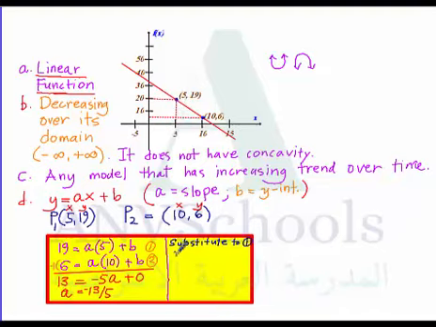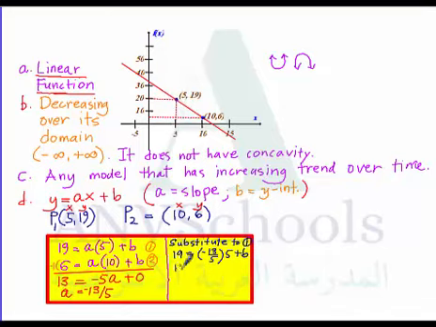So we will have 19 is equal to A times, okay, my A is equal to negative 13 over 5. So negative 13 over 5 times 5 plus B.